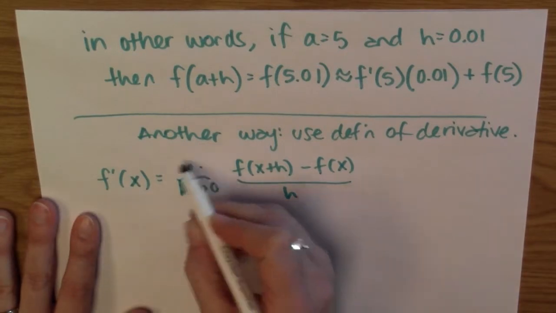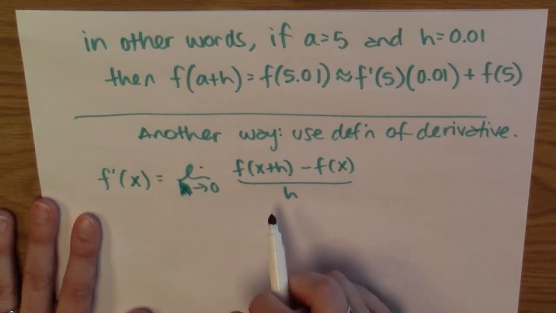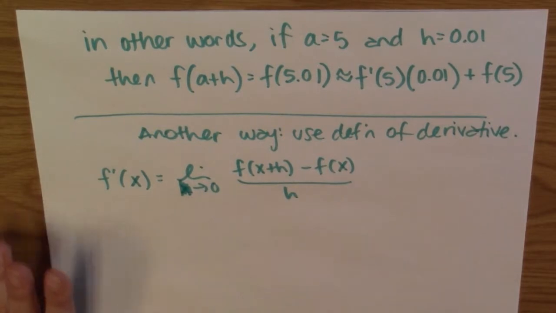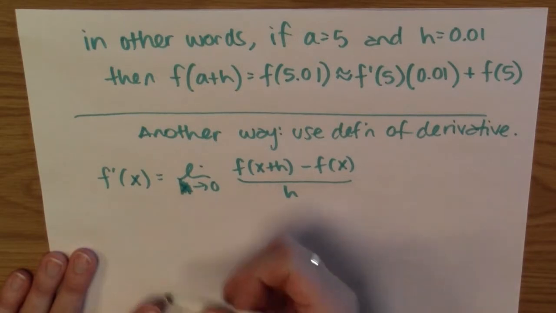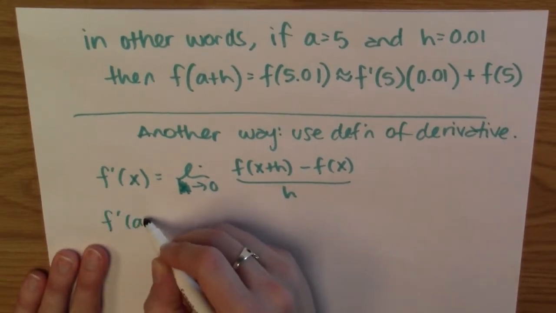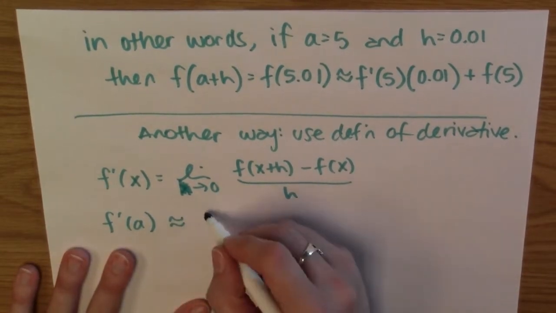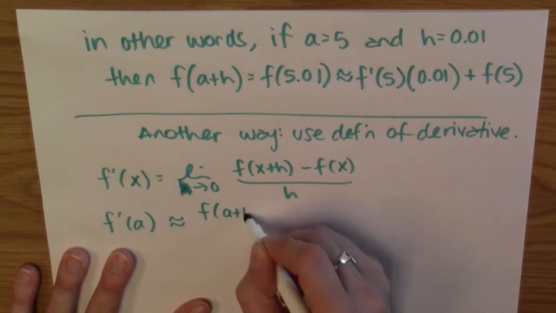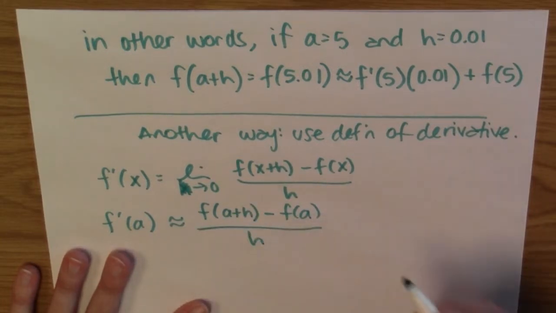So if I remove this limit and just focus on h being reasonably close to this x that I'm interested in, right? And now I'm worried about some particular point a, so I can change this to f prime at a. So f prime at a is approximately, as long as h is small enough, f of a plus h minus f at a all over this h.